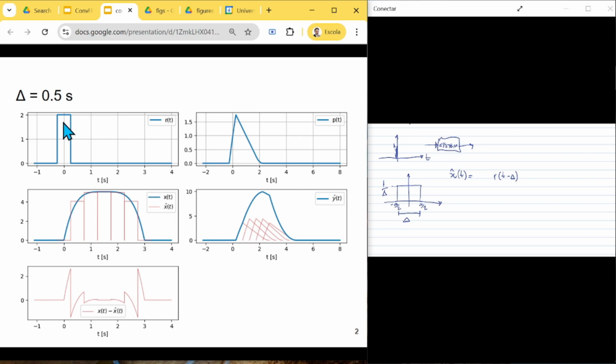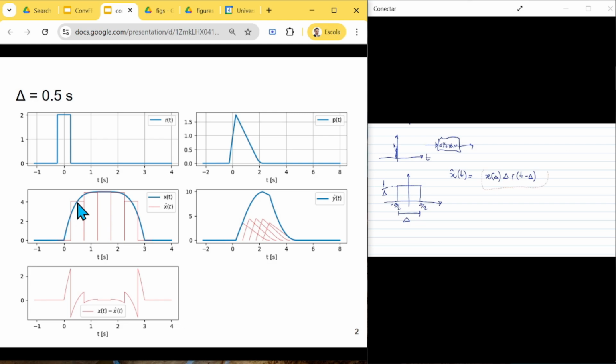So let's multiply by delta here. So this guy has unit amplitude. So if we multiply this guy by the value of x at time delta, then finally we get this value here. So this is unit amplitude, this is amplitude x of delta.